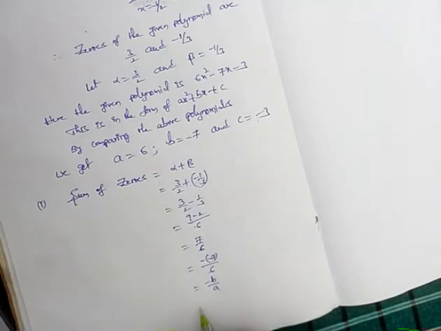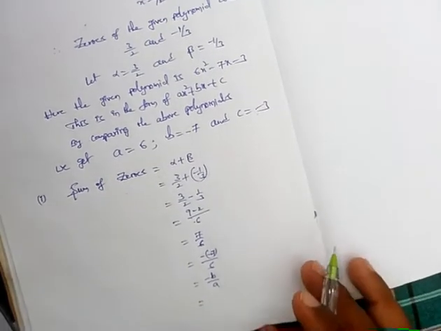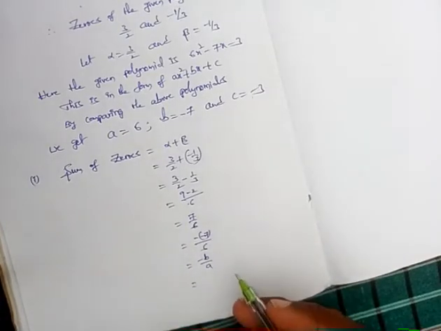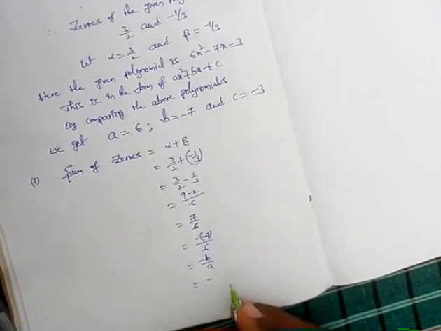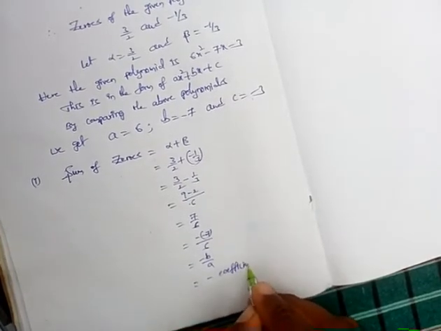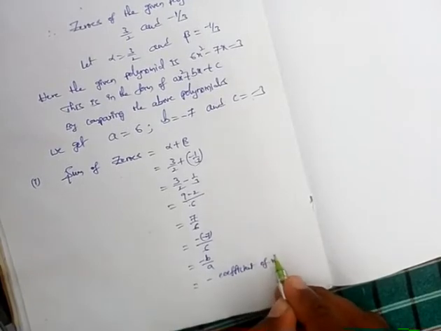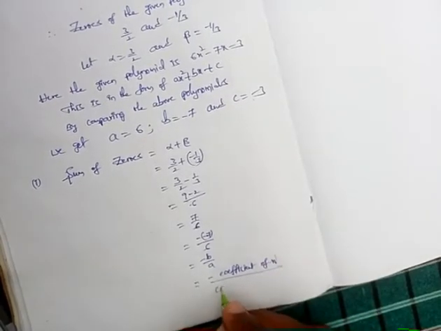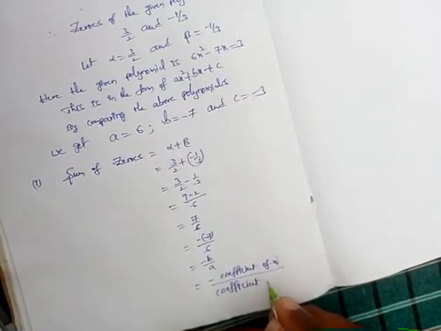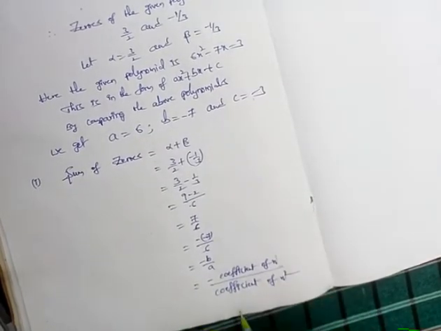Okay, so you can write this value in the form of coefficients also, that is minus coefficient of x by coefficient of x square.